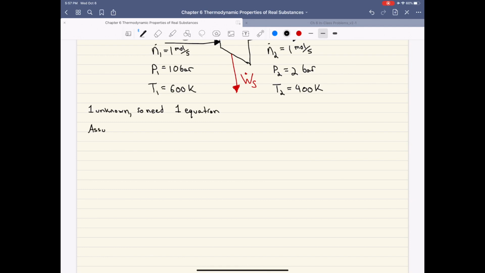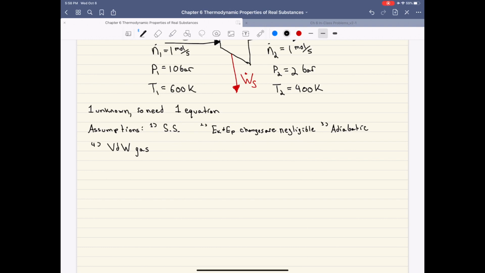For our analysis, we're going to make some assumptions. We're going to assume that this turbine is operating at steady state, and that we don't care about changes in kinetic or potential energy, that this turbine is operating adiabatically, and also, as suggested by the problem, we're going to assume that this gas behaves as a van der Waals gas.